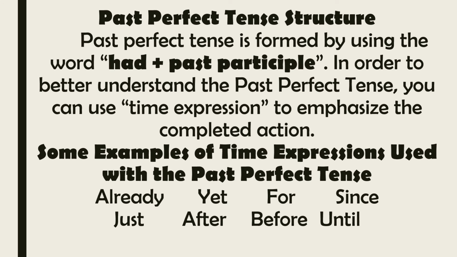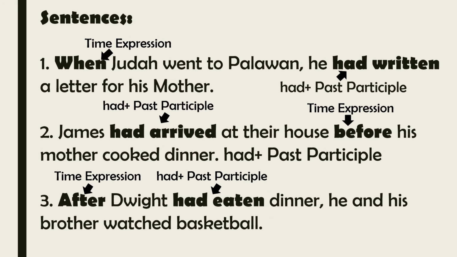Past perfect tense structure: the past perfect tense is formed by using the word had plus the past participle. In order to better understand the past perfect tense, you can use time expressions to emphasize the completed action. Some examples of time expressions used with the past perfect tense are first, already, yet, for, since, just, after, before, and until.